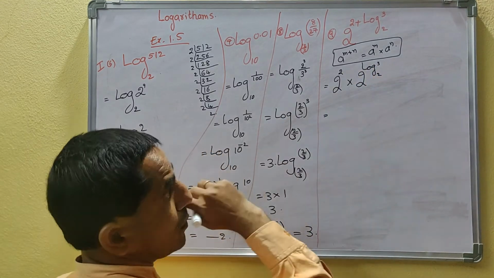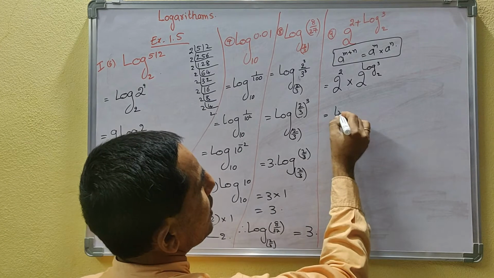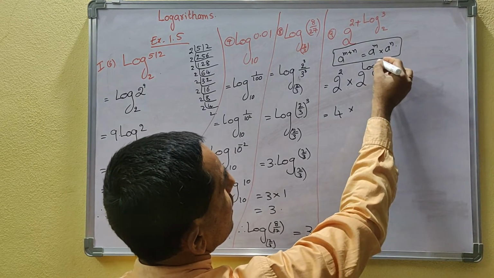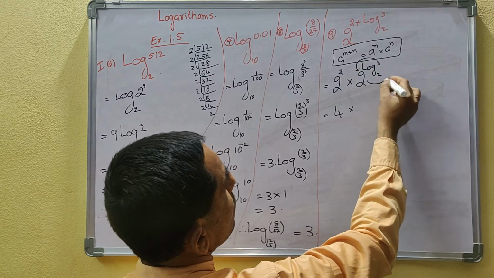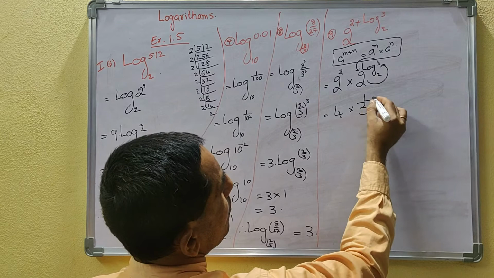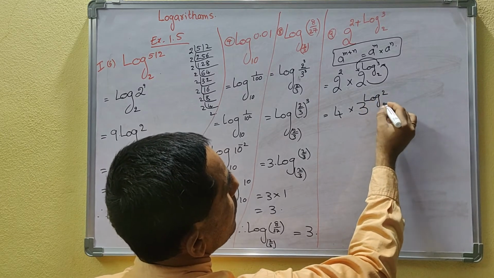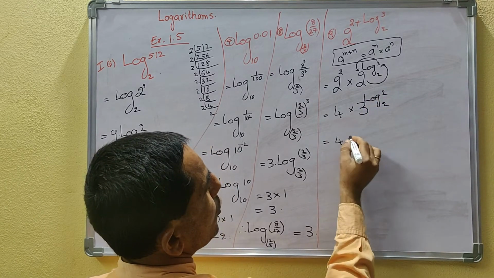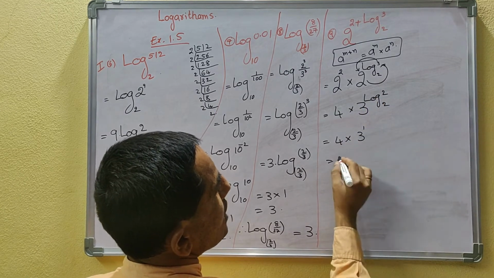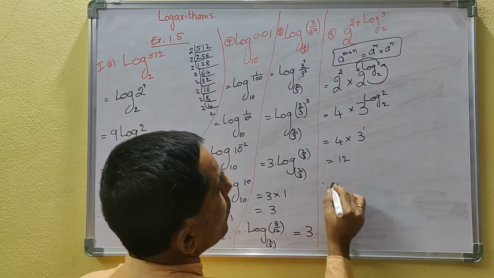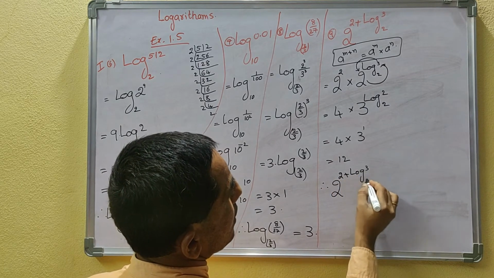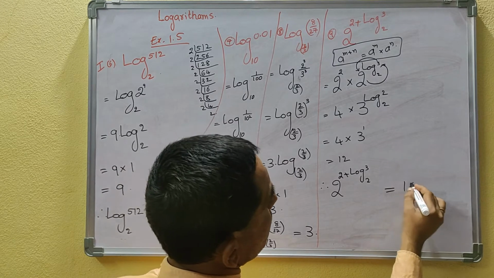So 2 to the power of 2 means 2 into 2, I will write here 4 into. So here one formula is there. So 3 will come here and 2 will come here. Interchange the terms. So that means 3 to the power of log 2 base 2. So is equal to 4 into 3 to the power of log 2 base 2 value 1. So 4 3 are 12. Therefore 2 to the power of 2 plus log 3 base 2 is equal to answer 12.